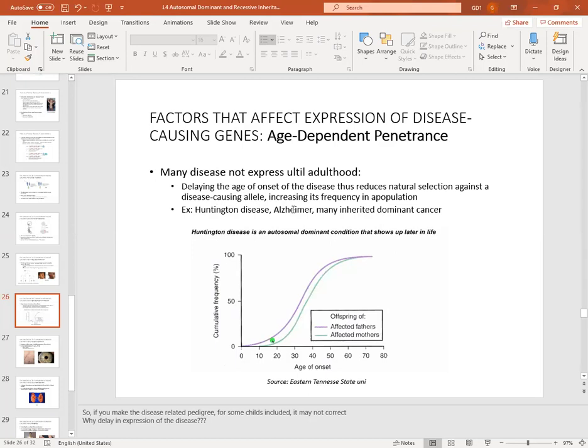Young people don't have the disease. And many dominant cancers are only expressed in the late stage of life, like some ovarian cancer or some family breast cancer. Just old people have it and young people don't.